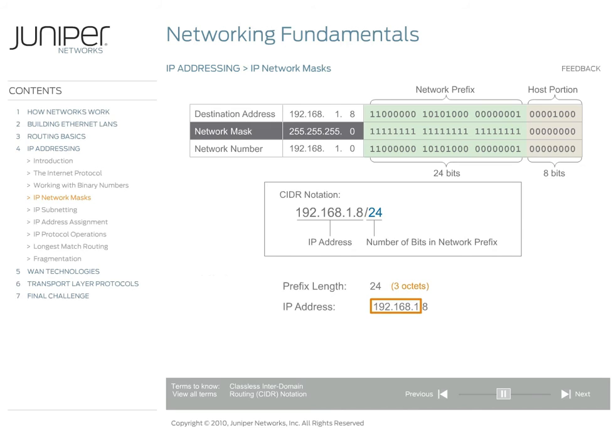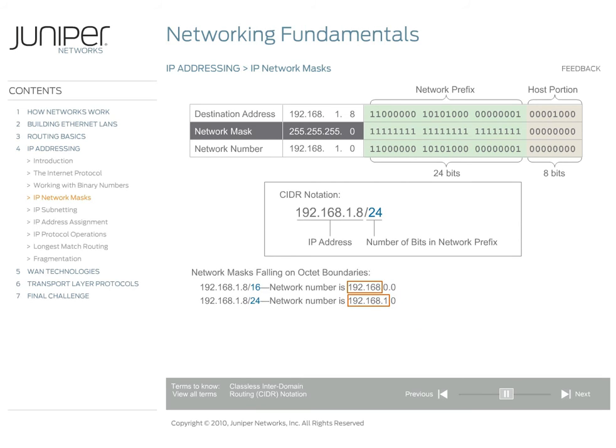Now you might be thinking this all seems pretty obvious, and in this case you are right. The first 3 octets of the IP address, represented in decimal fashion, are 192.168.1. And because the prefix length is 24, the first three octets of the network number must also be 192.168.1.